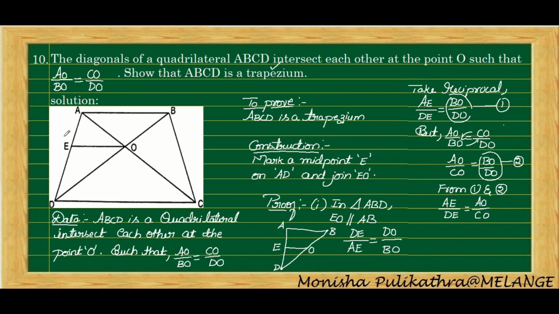Okay. So here AE by DE is equal to AO by CO. So for this triangle, we will use the Thales theorem.